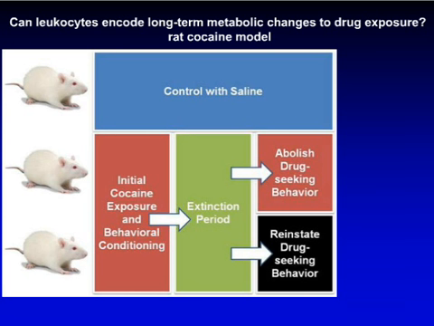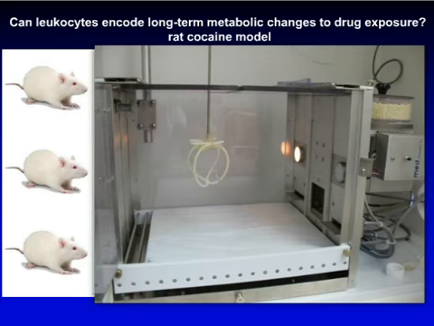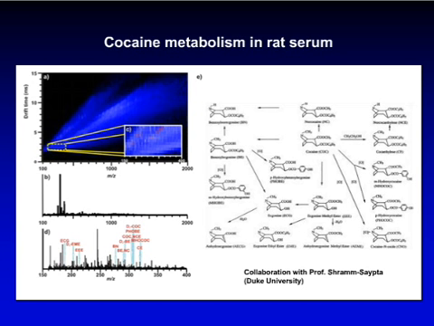In this model, we had rats put into a device where, when they had the stimulus, they could press a lever and take cocaine for about a week. Then they were reestablished on chow for a week, and then they were allowed to take cocaine again if they wanted. And so this is a slide that shows being able to see the metabolites of cocaine at physiological levels in rat serum. All of these different acronyms correspond to different cocaine metabolites, so we're very sensitive to the physiological levels.